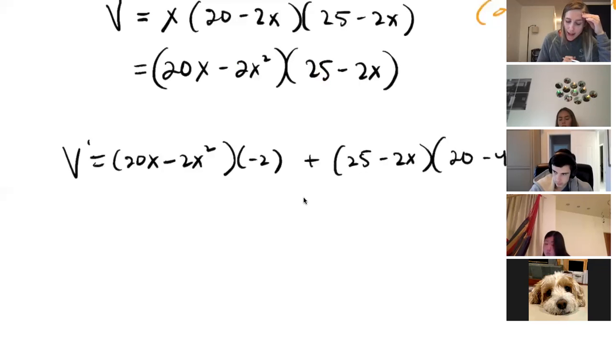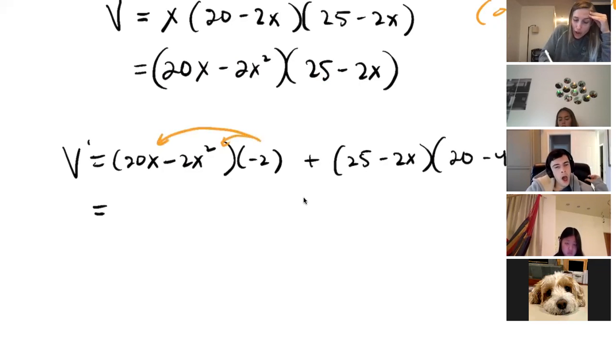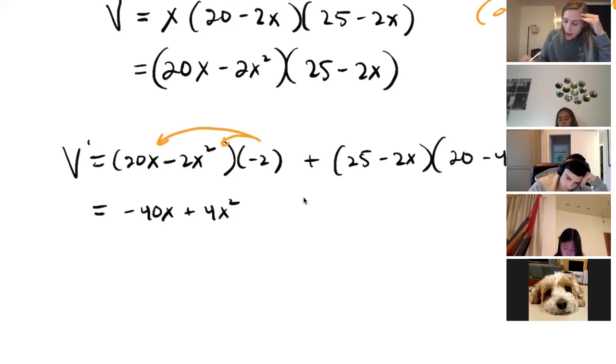Okay, and then at this point, we would want to multiply out our derivative, but I don't know if you would consider that to be nicer or not. So we could distribute the -2. So negative 40x plus 4x squared.